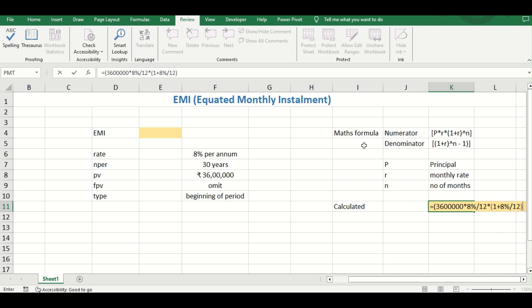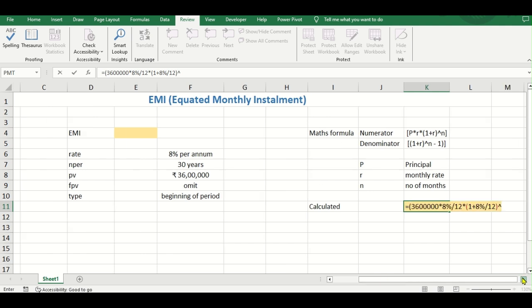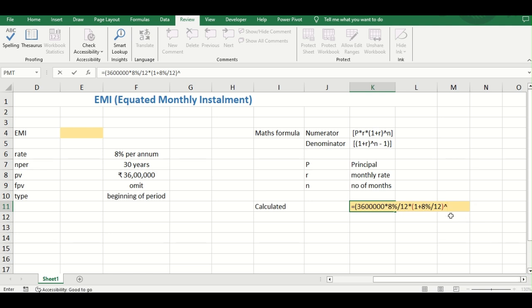For the raised to we basically use shift 6, so this caret symbol comes up, power. Now the number of months, we are having years, is 30, so the number of months is 30 into 12, that is 360. So this is the numerator part. Now this whole thing has to be divided by 1 plus 8% divided by 12 raised to, again shift 6, 360 minus 1.